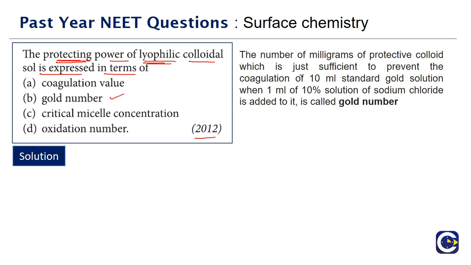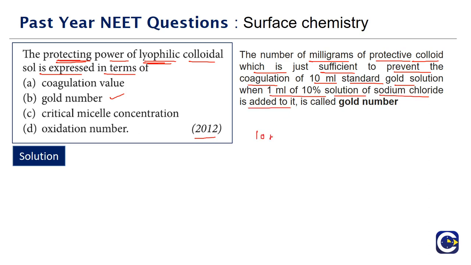Gold number is basically the milligrams of the protective colloid which is just sufficient to prevent the coagulation of 10 ml of standard gold solution when 1 ml of 10% sodium chloride is added to it.